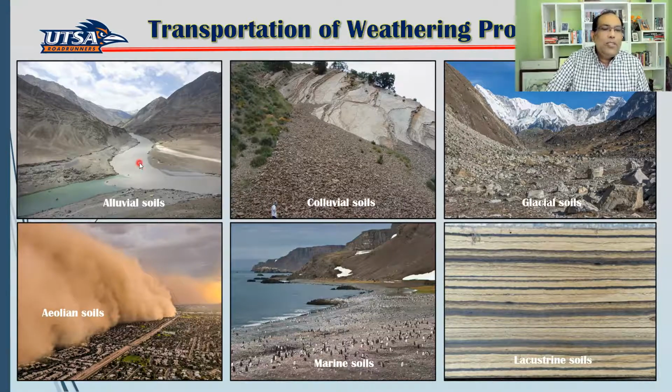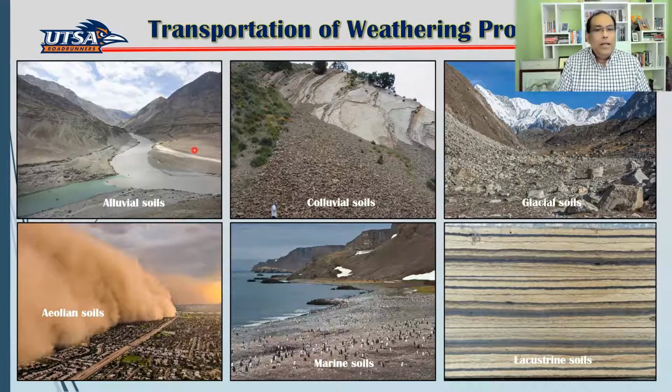When it floods, water will come here, here, and also there. When the flood water recedes very slowly, some of the soil particles will deposit on top of the bank. That's a very small deposition, maybe a couple of millimeters. But over the years, you will see a thick layer of soil deposited there.